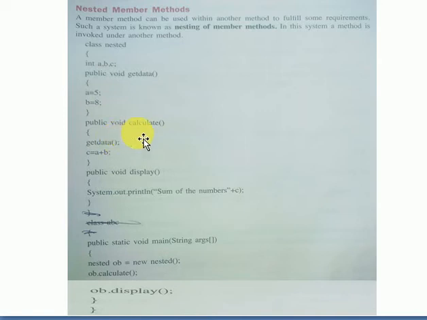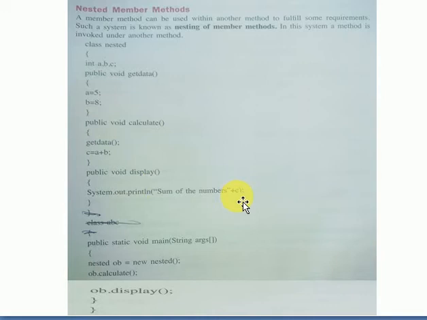See, in the calculate function, we are calling the getData function. It means when we call calculate, it in turn calls the getData function, right? That is a nested member method. Then c is equal to a plus b. Public void display. It displays the value of c like last time.